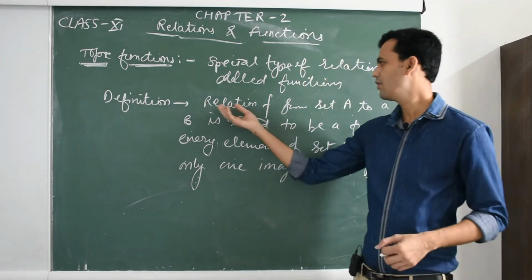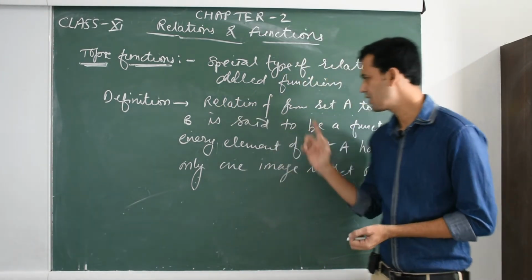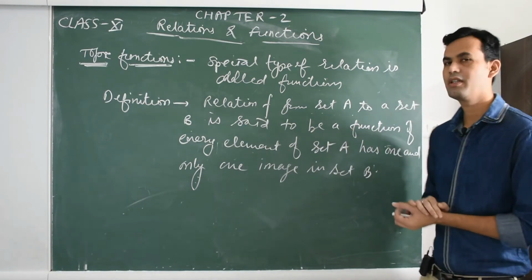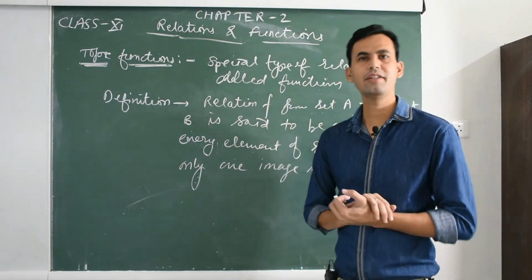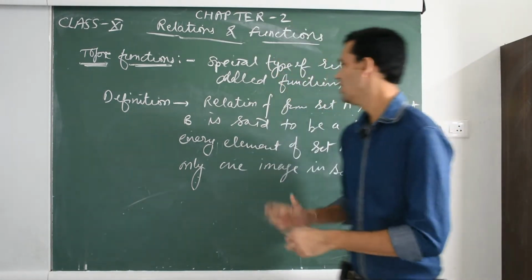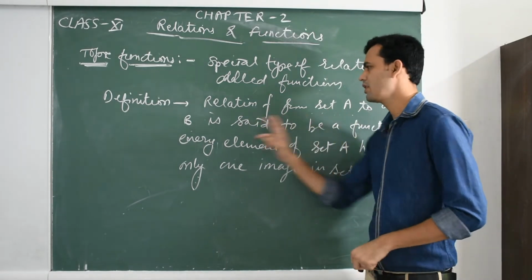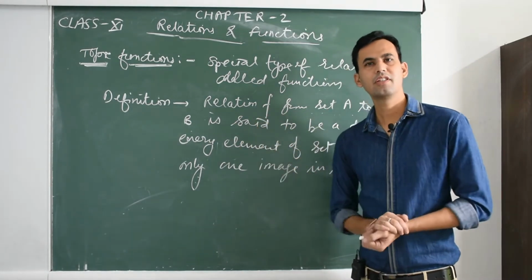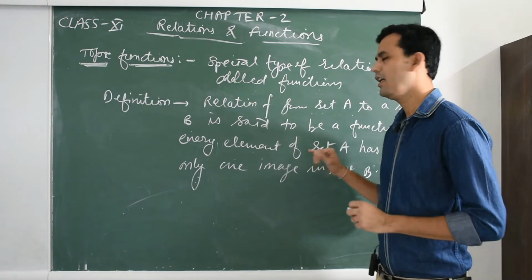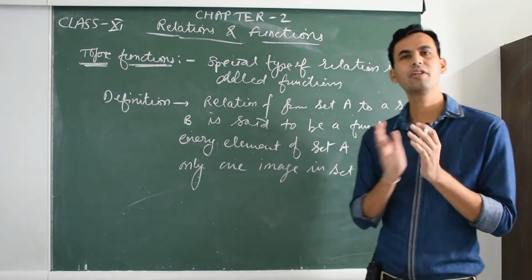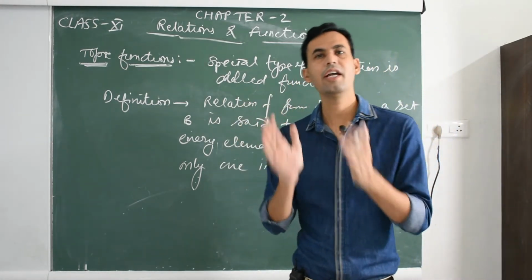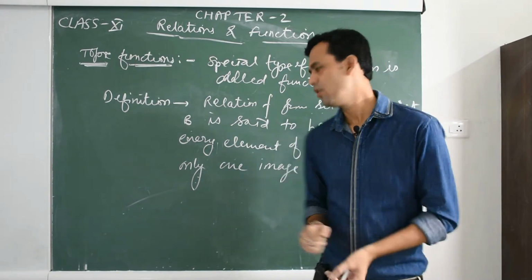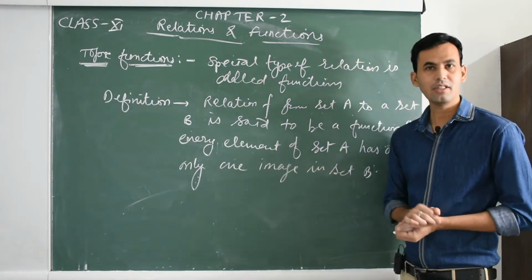It means there are two sets, set A and set B, both are non-empty sets. So it is a function if every element of set A has one and only one image in B, not more than one image in B.